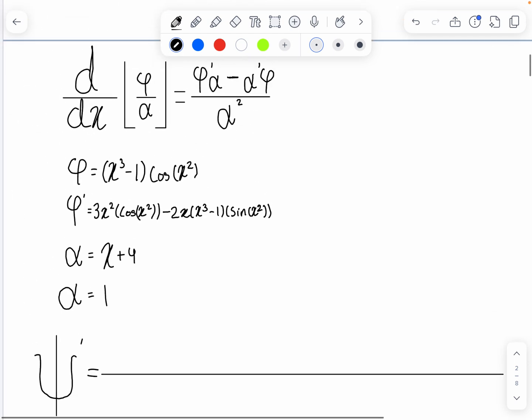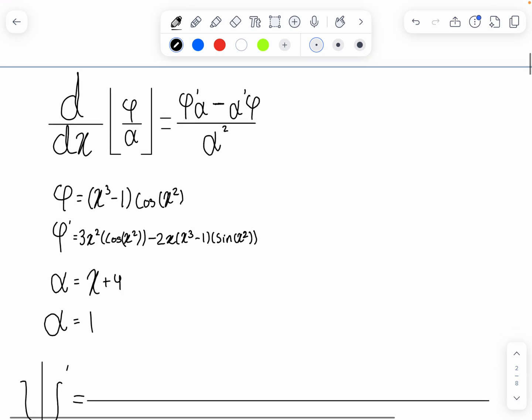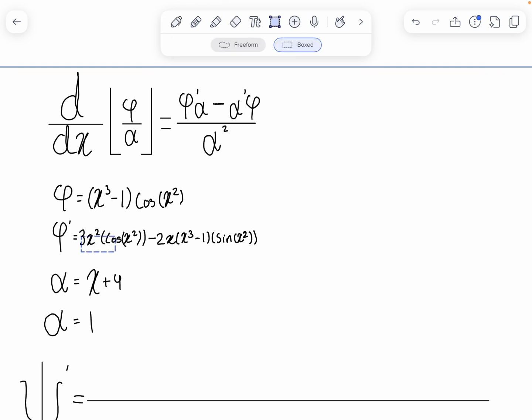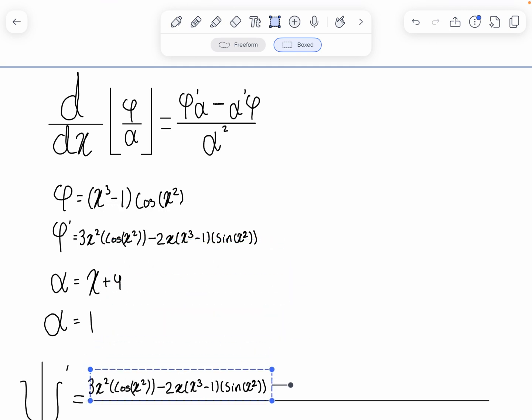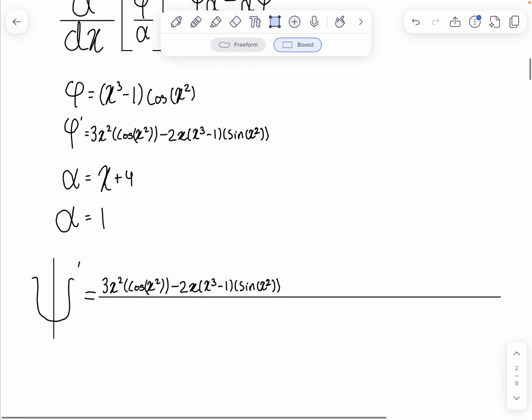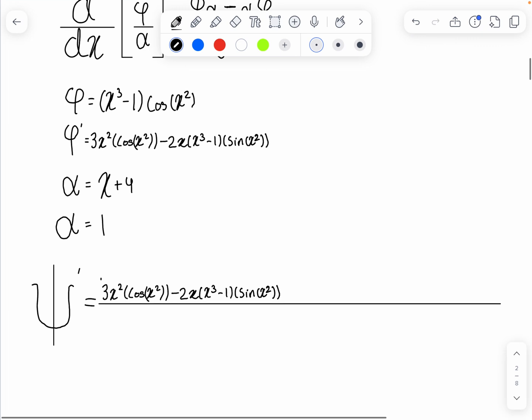Okay. So for the first one, we have phi prime times alpha. Remember to write in the parentheses.